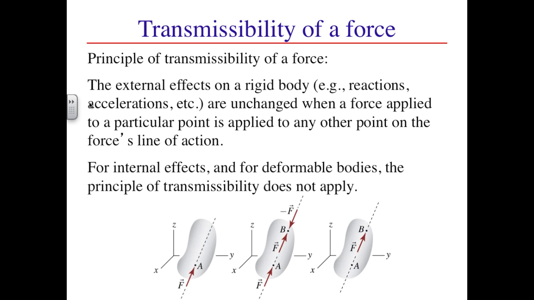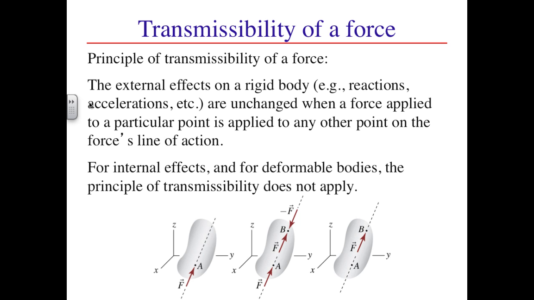Suppose we begin with a force acting at point A. We can pick any other point on the force's line of action, for instance B, and apply equal and opposite forces at that point. This is analogous to adding and subtracting the same term to an equation. The net result is zero, so it doesn't have any effect on the result.